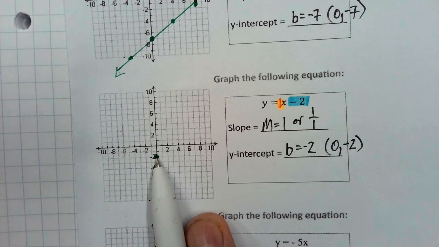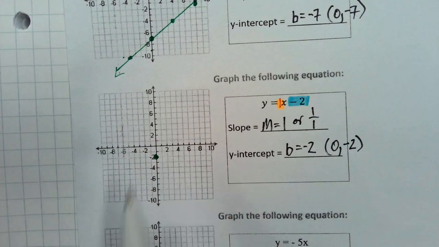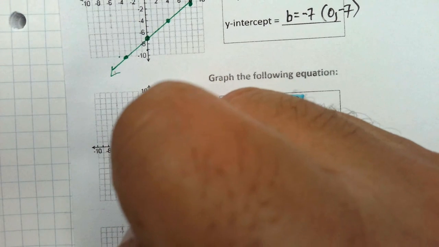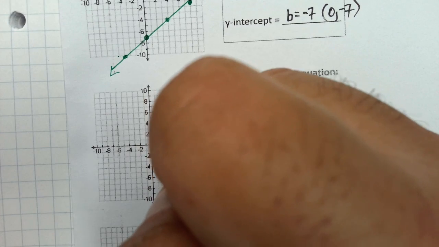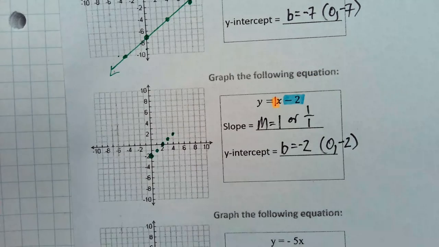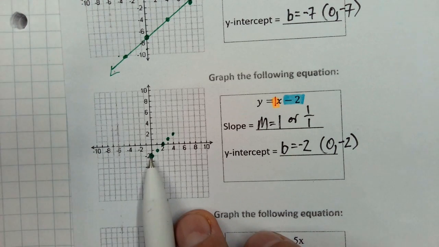And the slope is 1 over 1, so I want to go up 1 and to the right 1, right there. Real close by. There's another one. There's another one. These are real close together, so I just make a few to make sure I get a good line. And you can do the opposite, down and to the left.